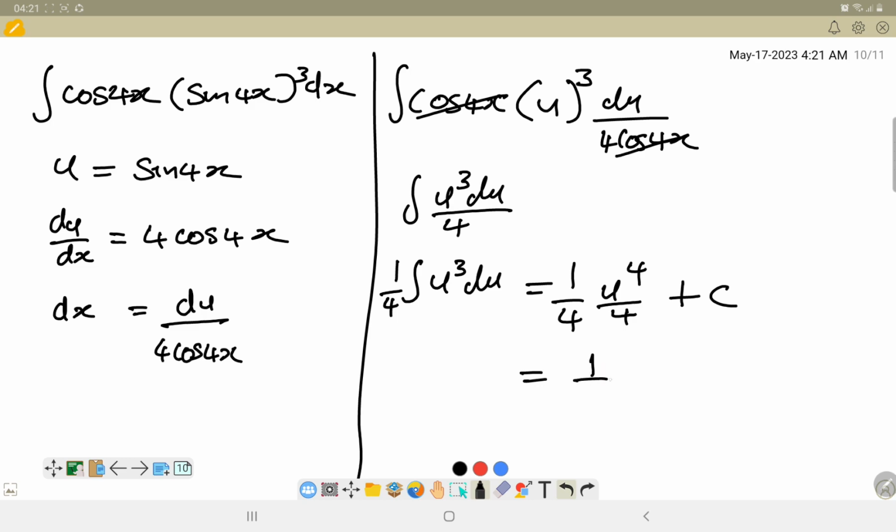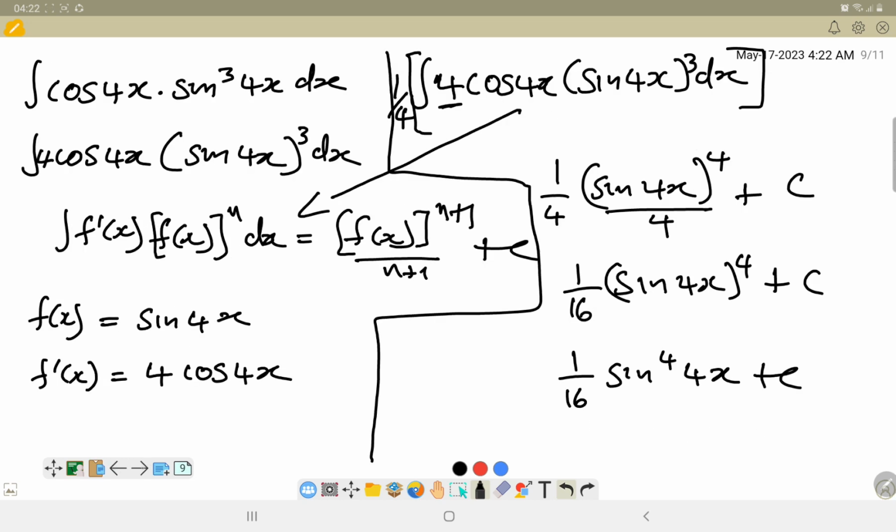Then we end up having 1 over 16 u to the power 4 plus c, but we know that our u was sine 4x, so the final answer works out as sine to the power 4 of 4x over 16 plus c, which is exactly what we got here. So these two formulas give exactly the same answers.